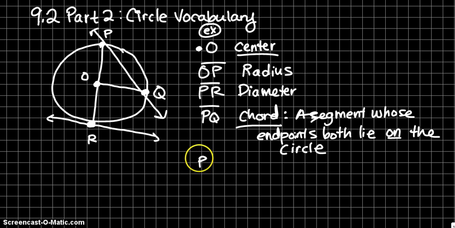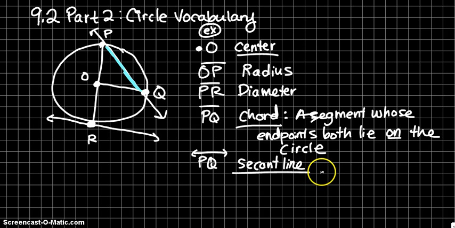If I do the entire line, so for a chord or a segment, I stop at the endpoints, so it's just this part. But if I'm talking about the entire line, including the arrows that are going in each direction to infinity, that is called a secant line. And you can tell the difference in my little name here. I have a segment and then I have a line with the arrows, and that's called, again, a secant line. So it's the same thing.